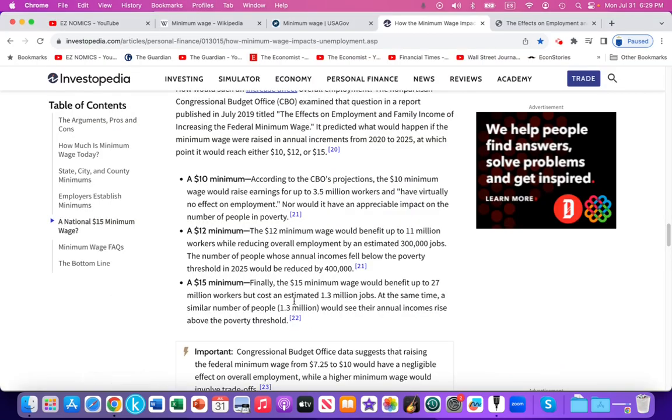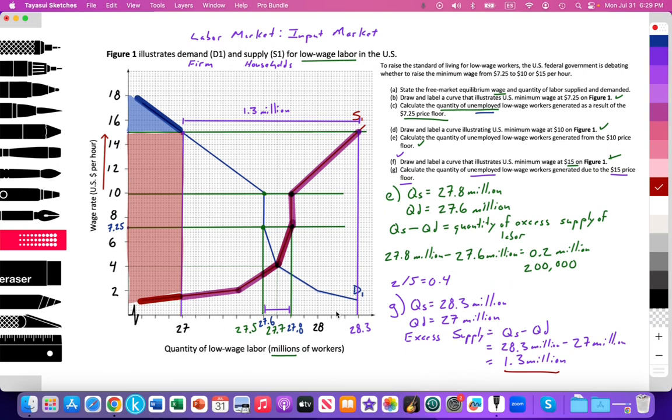But it would generate about 1.3 million jobs being lost, or a level of unemployment created by the price floor legislation of 1.3 million, which is what we calculated here, that 1.3 million.